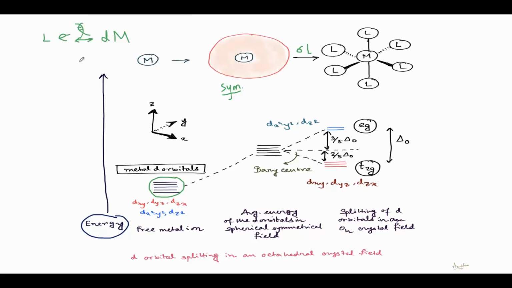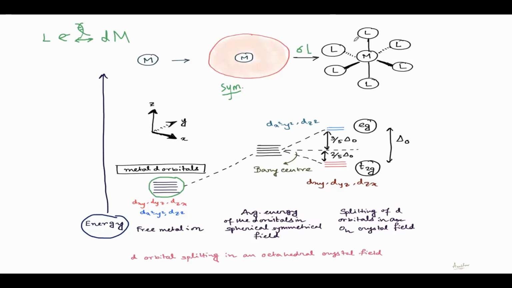But the metal d orbitals dx square y square and dz square, which point towards the axis along the direction of the ligand, will experience more repulsion and will be raised more in energy.